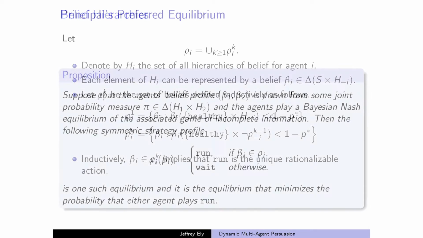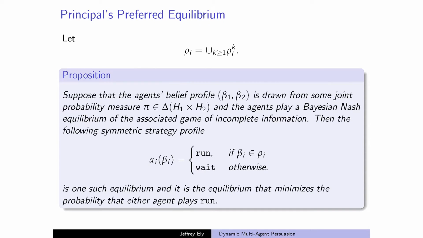And then we have a very simple preliminary proposition which says that there are many equilibria of the game at any point in time between these agents. But all of them have the property that when the agents' hierarchies are in rho I, they're withdrawing.